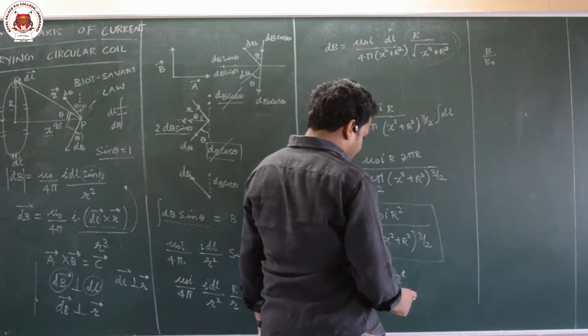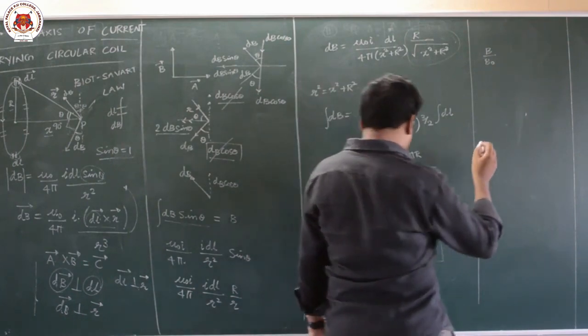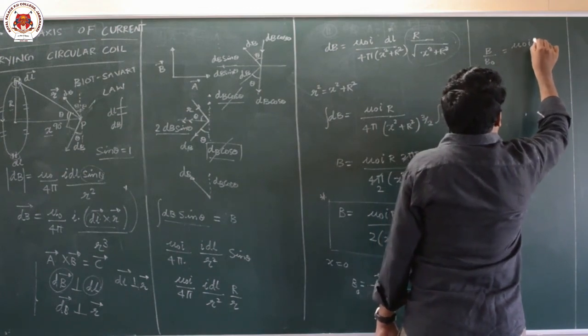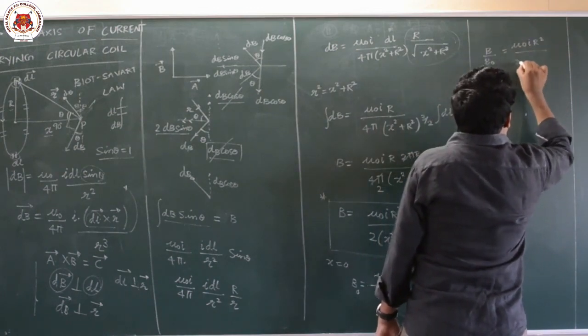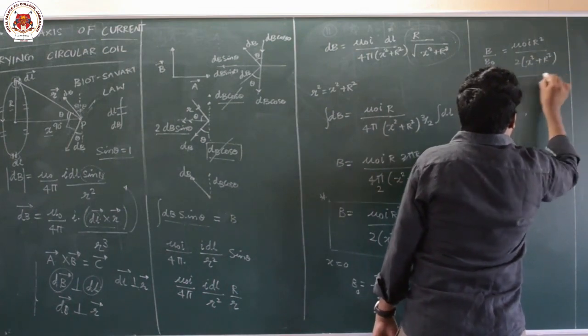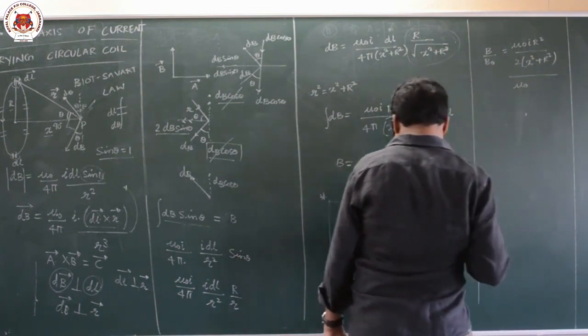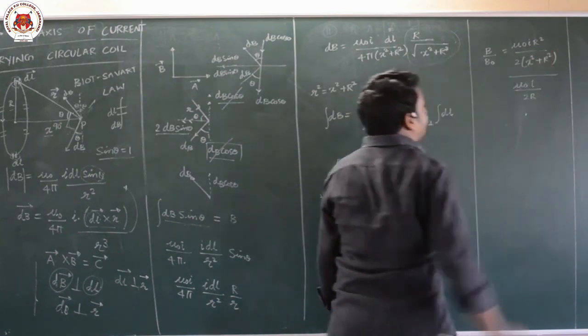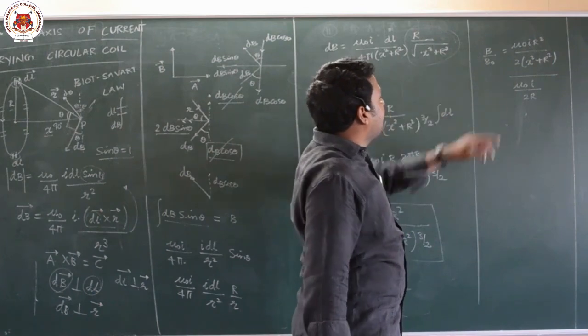What will be left? Mu naught I r square divided by 2 into x square plus r square, divided by mu naught I by 2r. Just divide and find the relationship between B and B naught.